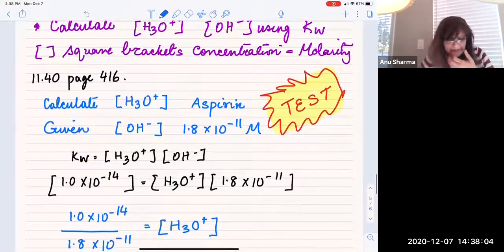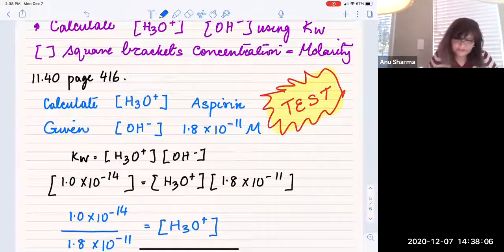Next, obviously you need to know the names of the acids and the names of the bases. Those are basic things.